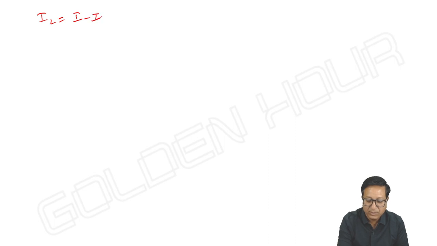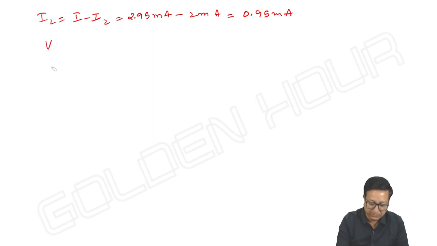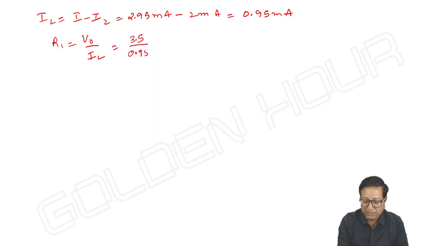IL is equal to I minus IZ. It is 2.95 milliampere minus 2 milliampere, 0.95 milliampere. Then R1 is equal to V output by IL, 3.5 by 0.95 into 10 power minus 3.